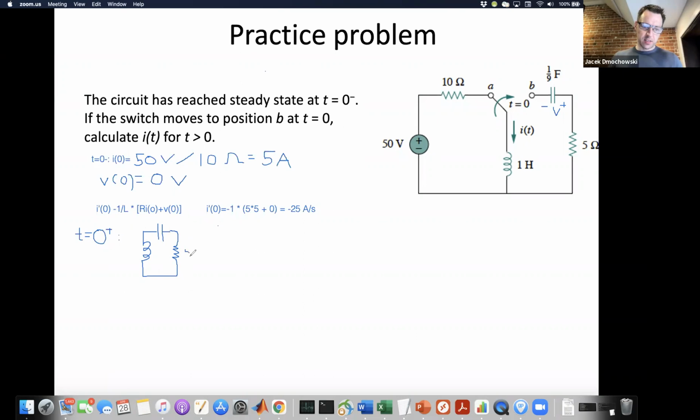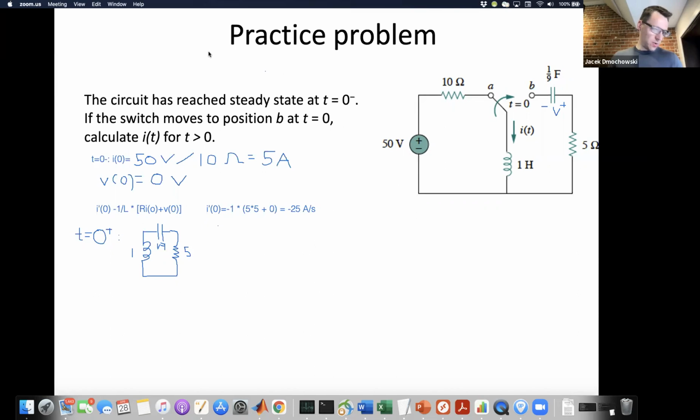This is 5, this is 1 over 9, and this is 1. So this is just our standard RLC circuit.